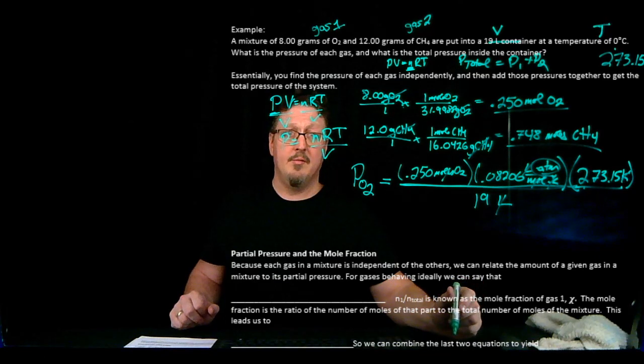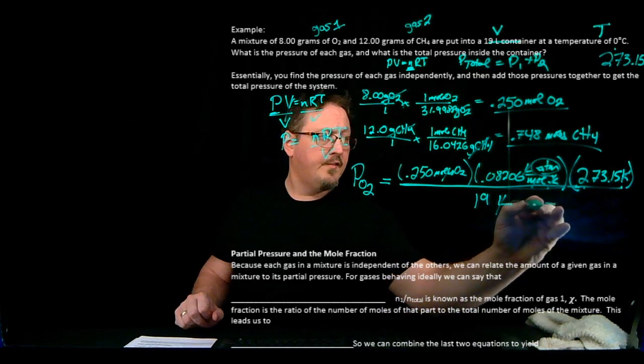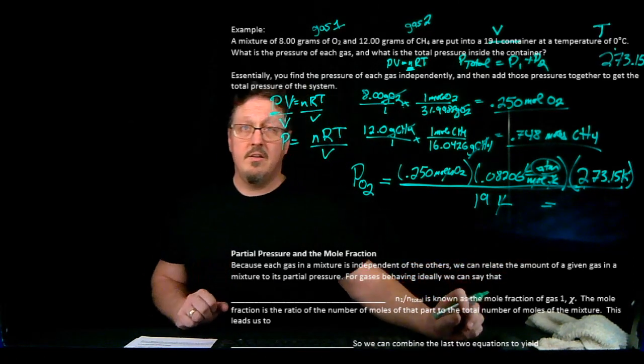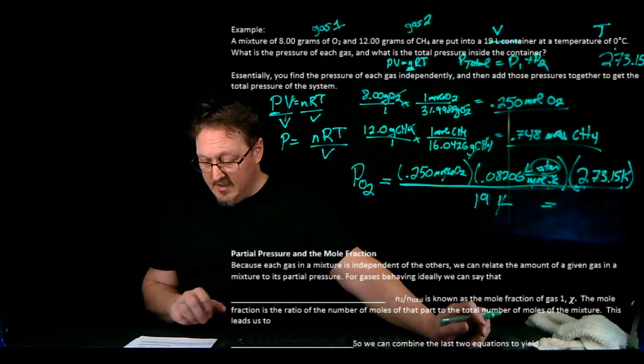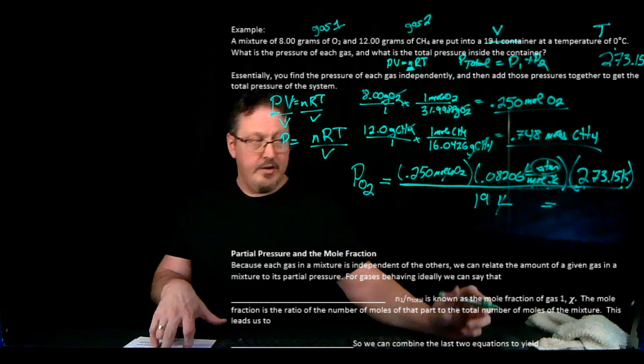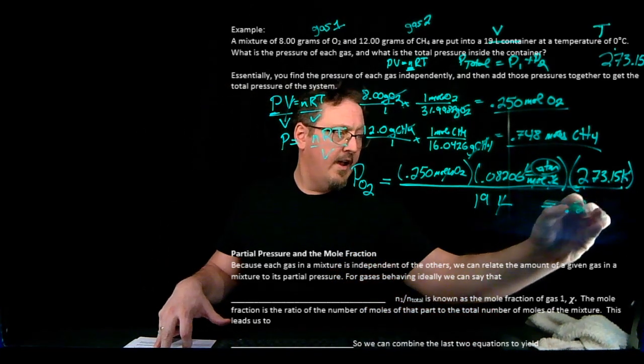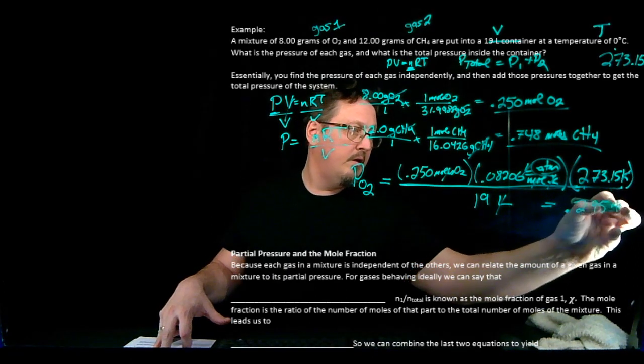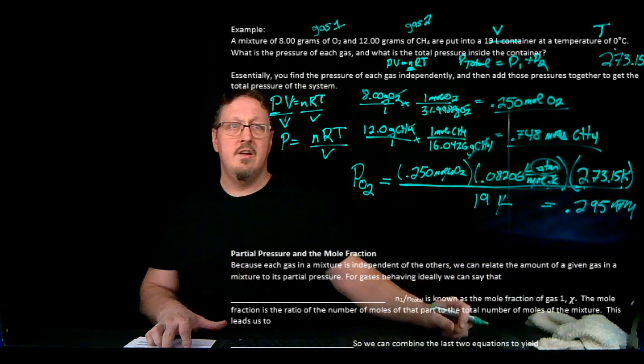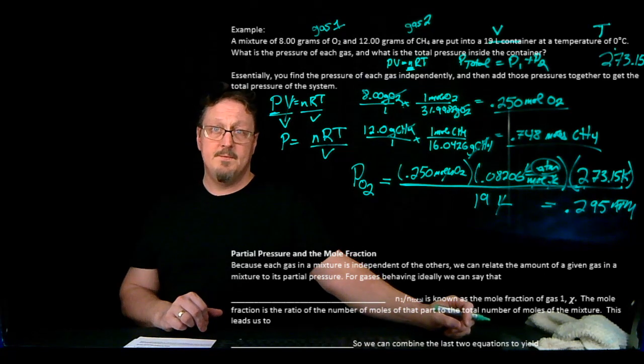We end up with atmospheres by themselves. And so the pressure of my oxygen comes out to be 0.295 atmospheres. Okay, so that is my pressure of my oxygen.